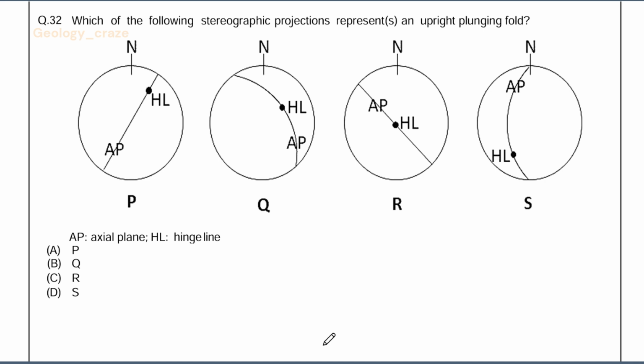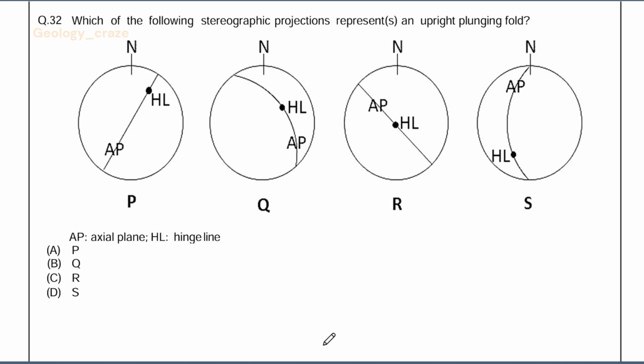I will try to solve this question as simply as I can, but we need some basic information for this. I have already made and uploaded some videos related to stereographic projection; in the playlist you can go and check out those videos for better understanding.